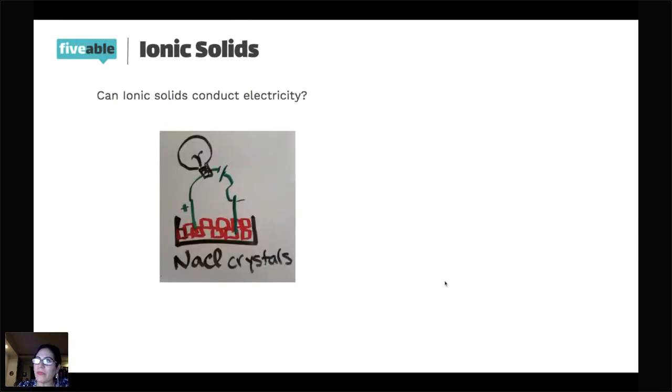Okay, so do you think ionic solids can conduct electricity? Imagine I draw here a beaker or just a plate with sodium chloride crystals. I draw here some electrodes and some wire, and of course you need a battery.